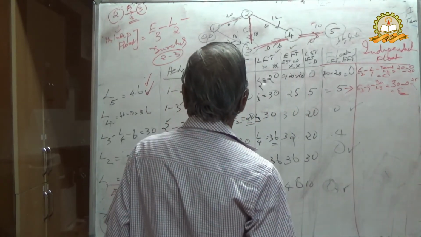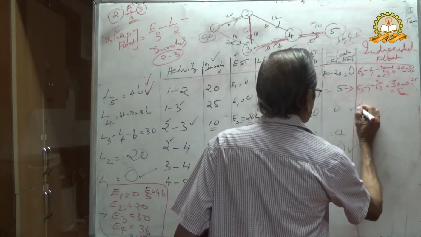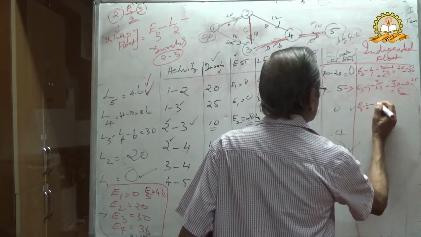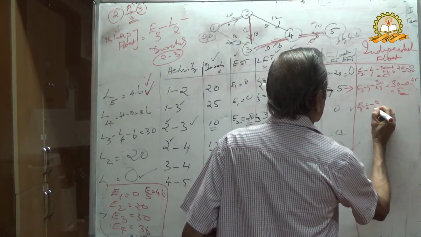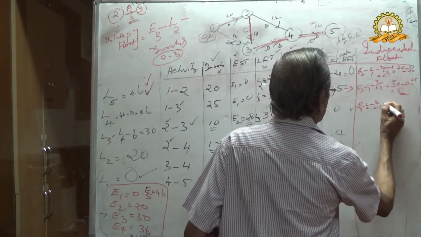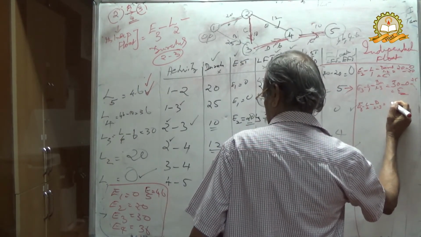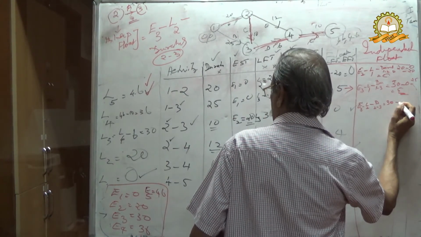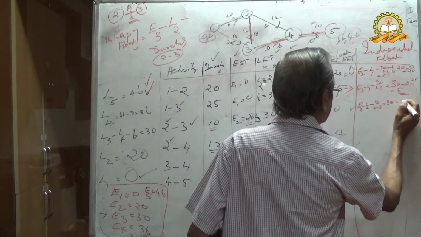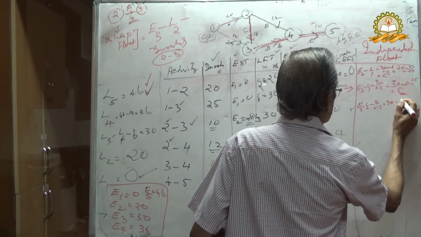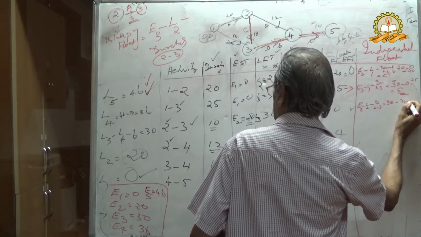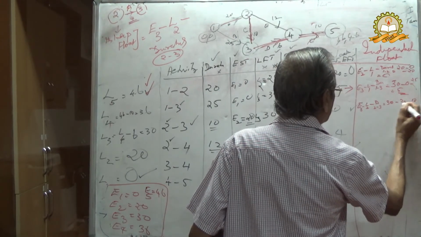Then for the third one, 2-3: E3 30, minus L2 20, minus duration of 2-3, 10, equal to 0.